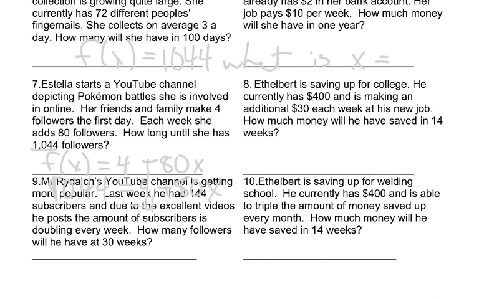So subtract 4, and I would get 1040 equals 80x, divided by 80, and that's what my x would equal, which would be 1040 divided by 80, 13. So in 13 weeks, she would have it.